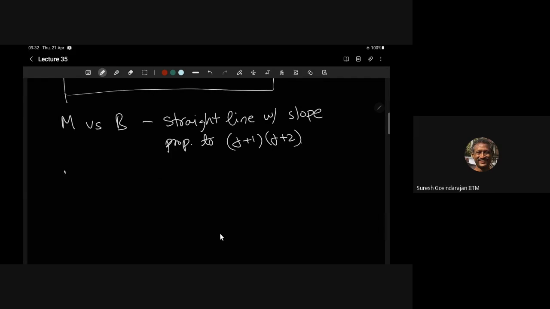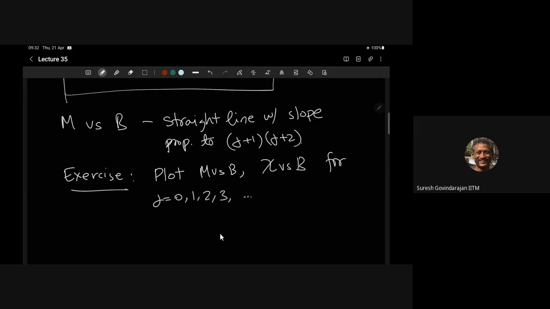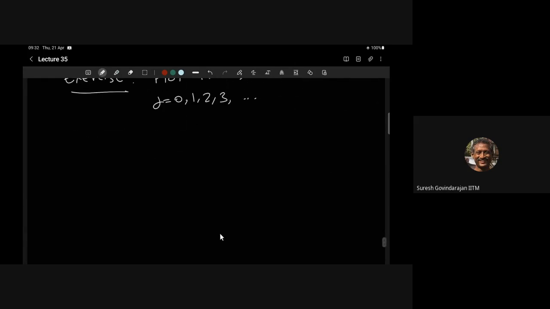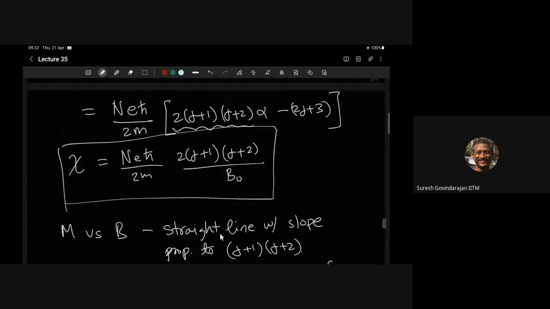So just as an exercise, plot these things for J equal to 0, 1, 2, 3, just a few values, on the same graph. This sort of concludes what we wanted to see.